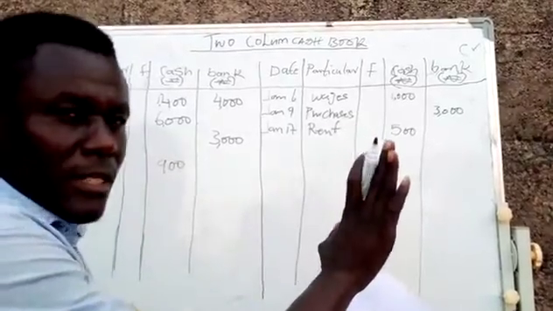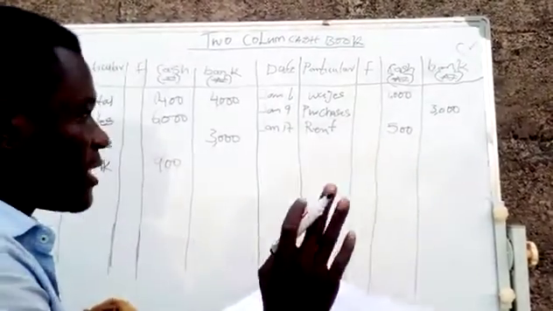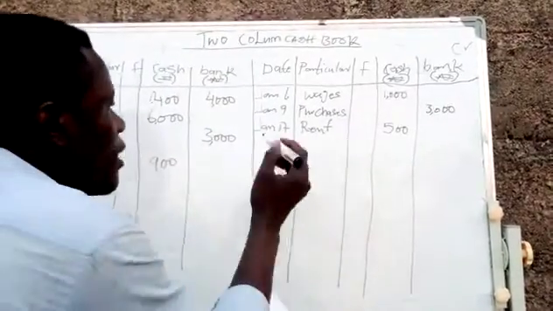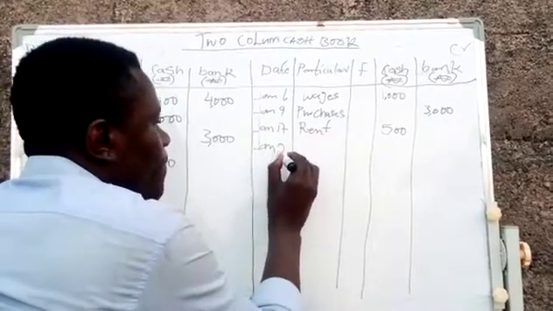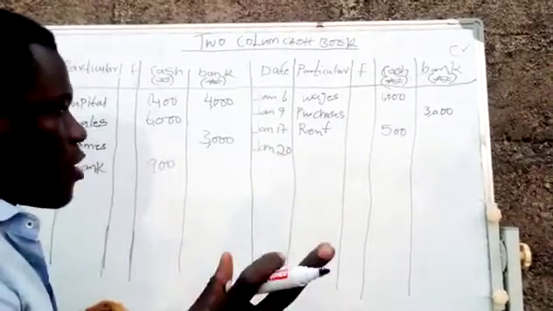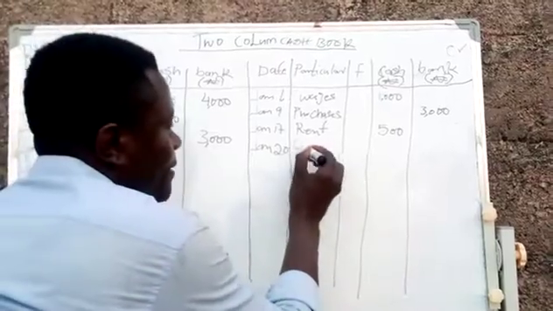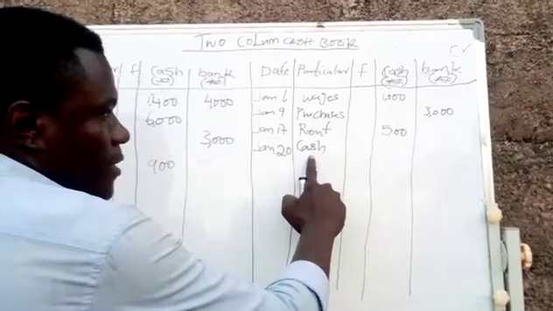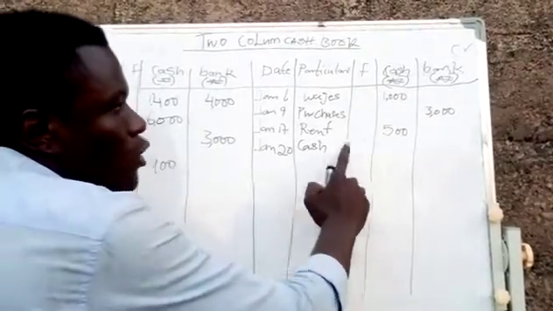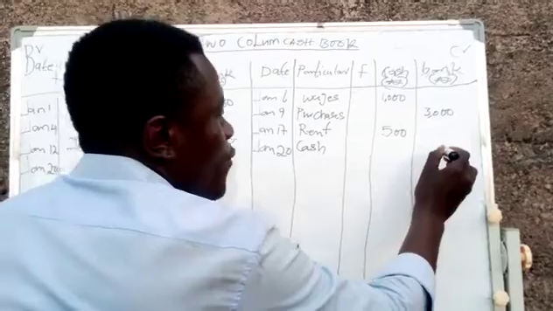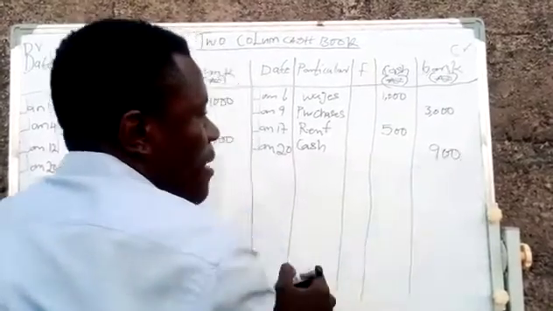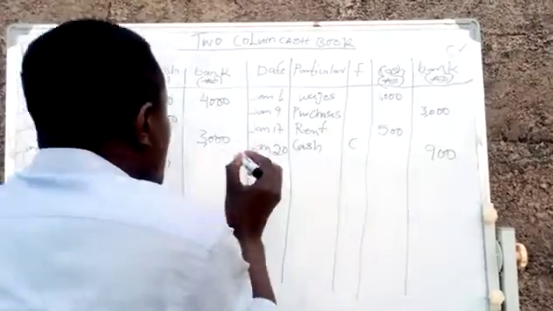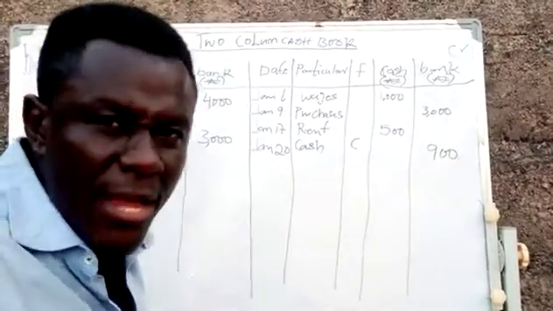Now let's look at the credit side. If you're going to record on the credit side, it's the same date, because it appears on both the debit side and the credit side. Now you write the same date, January 20th. Now your particular is going to be cash. Since your particular is cash, the figure is going to be under bank. Then you write 900 under bank. Then you indicate on your folio, which means you write C. That is telling you this transaction is a contra entry.